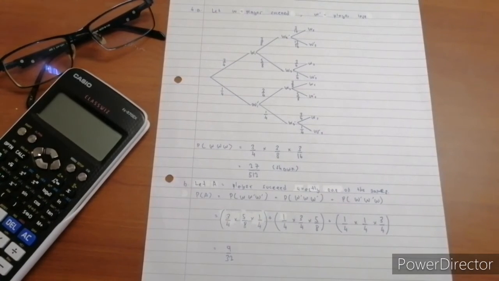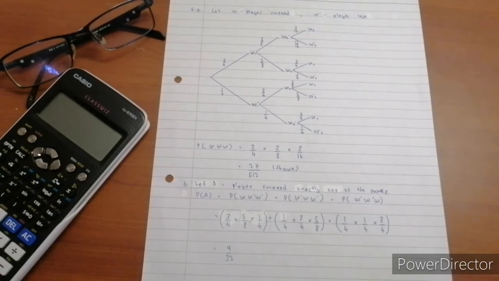Then, after we construct the tree diagram, the question also requires us to show that the probability the player succeeds in all 3 games is 27/512.